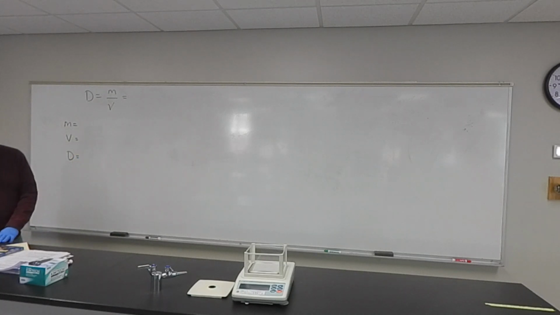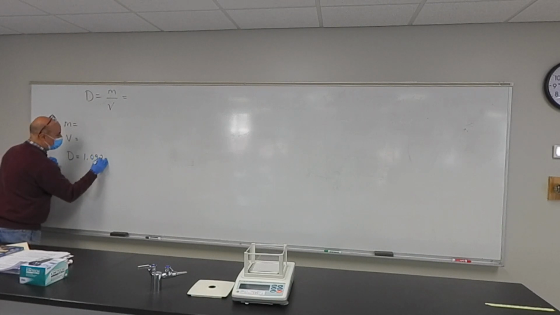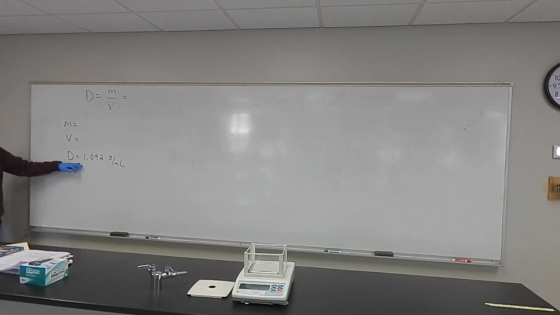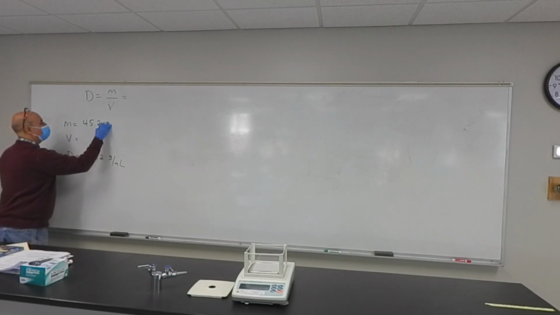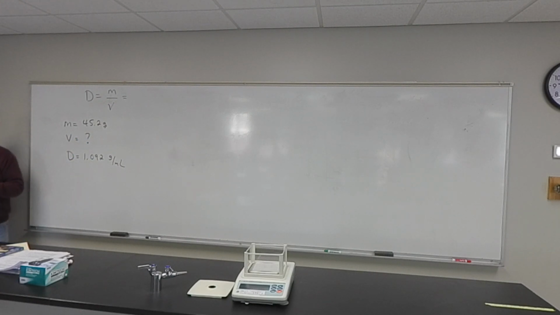Let's say you were given a sample that has a density of 1.092 grams per milliliter, and you are told that you have a mass of 45.2 grams, and you want to discover the volume of that sample. So you have the density, you have the mass, but you don't have the volume. You can multiply the two to get the volume?